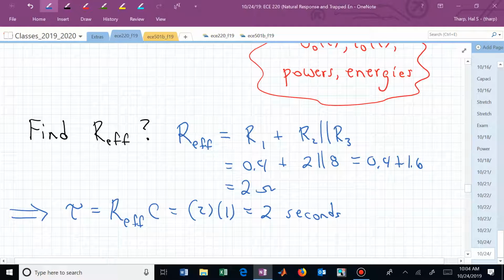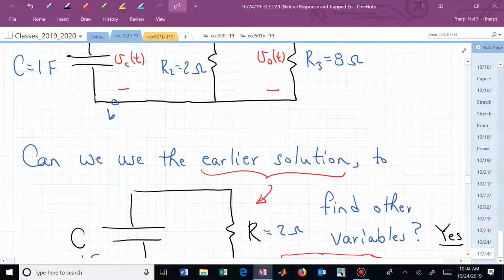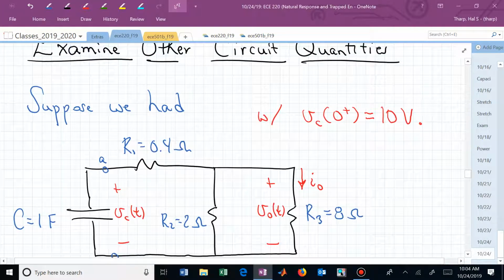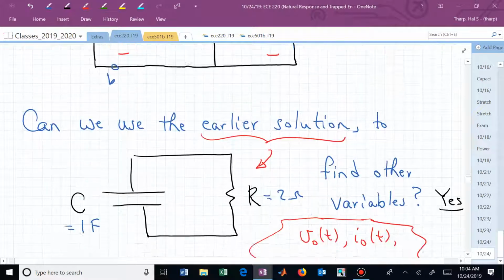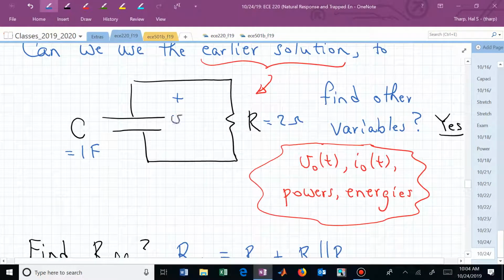If we now know tau, we were told the initial condition on the capacitor's voltage. Can you now write down an equation for V sub C of t? Here is now the V sub C of t in this circuit.